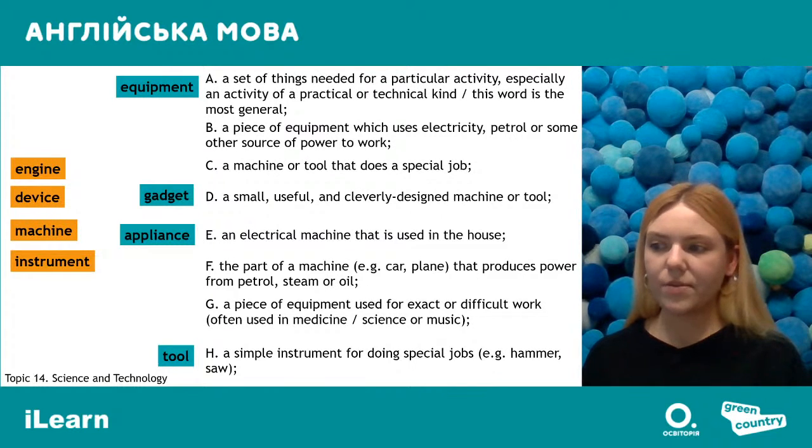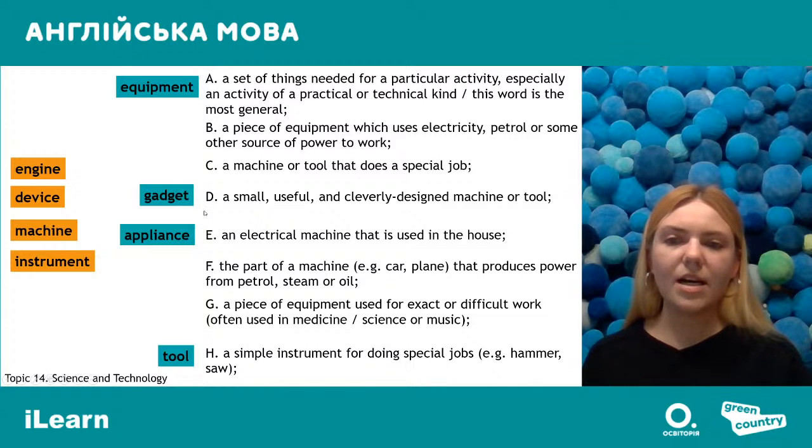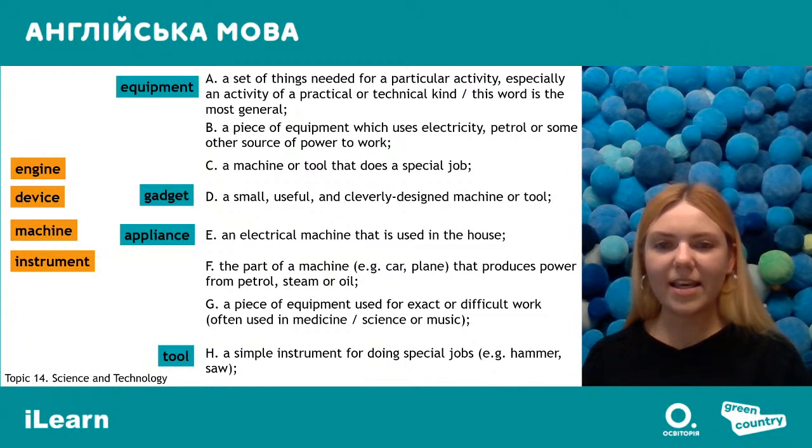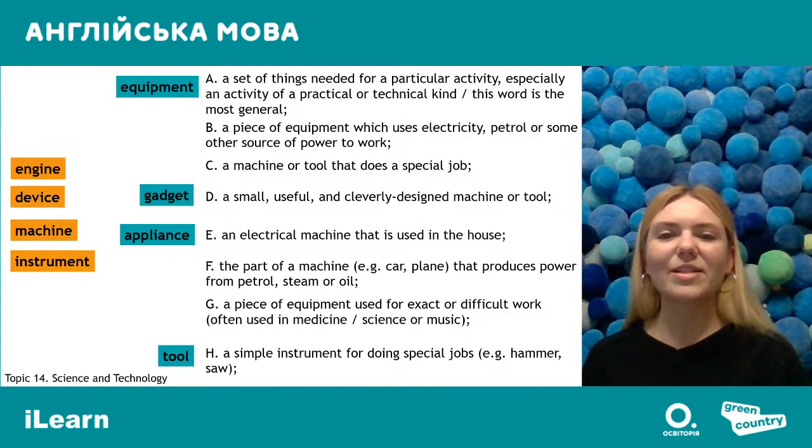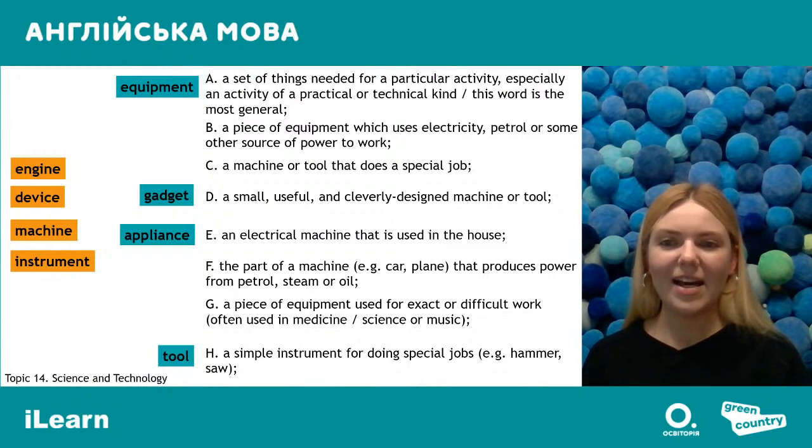So something that we use at home. Then gadget. We usually say gadget when we talk about some small things. They are usually smart, and so they are very innovative. And usually small in size.